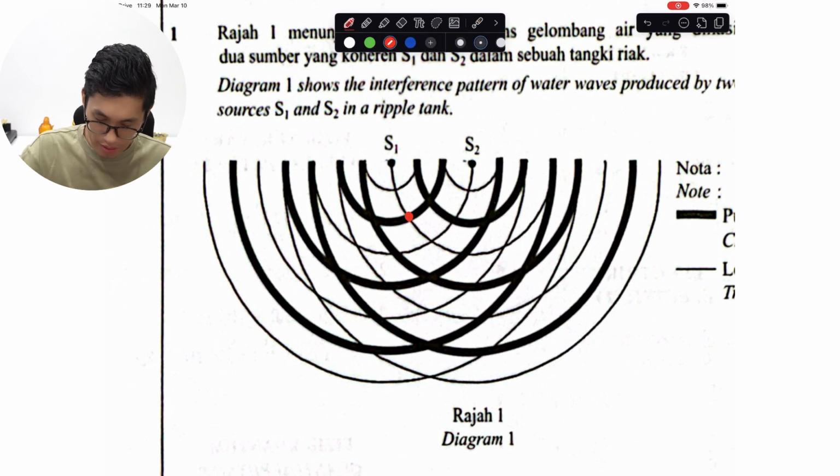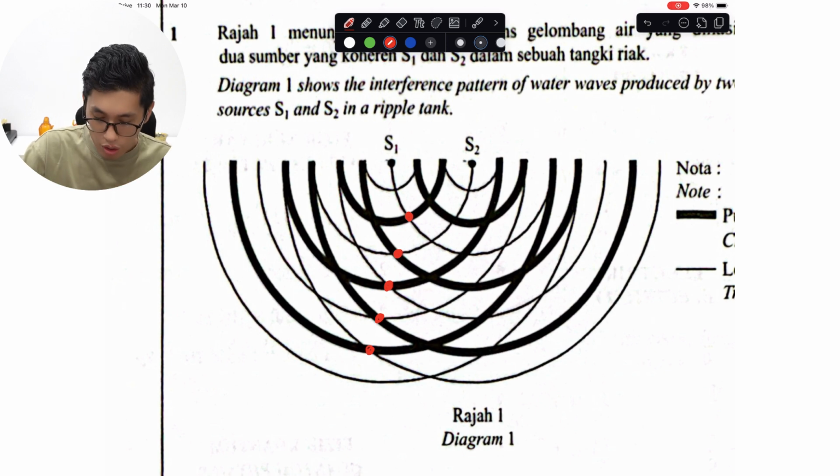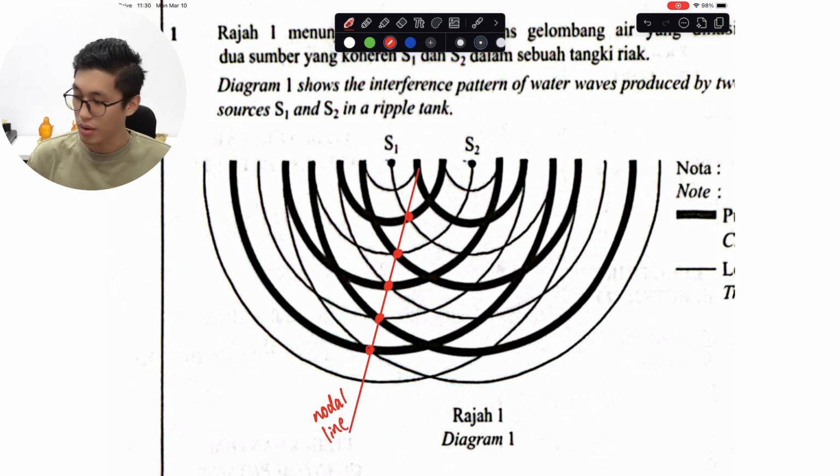Or you can see this point here, also thick and thin. This point here, this point here, and this point here. These are all nodes. And when you connect all these dots together in a line, you will get a nodal line, which is a line that connects all the nodes together.